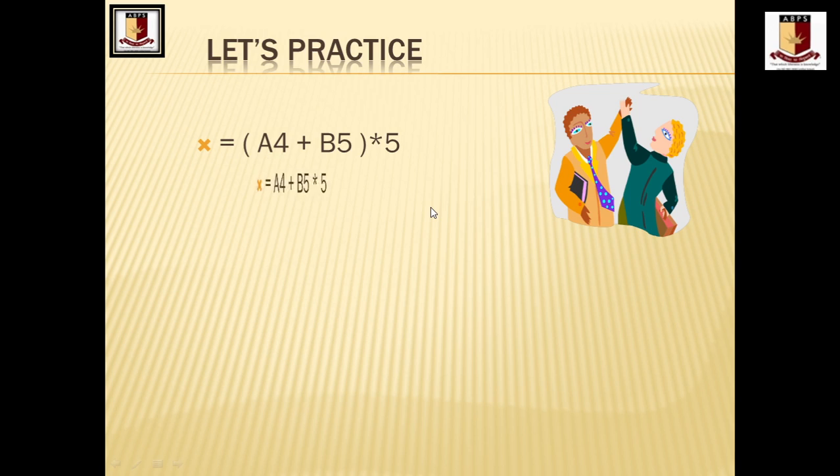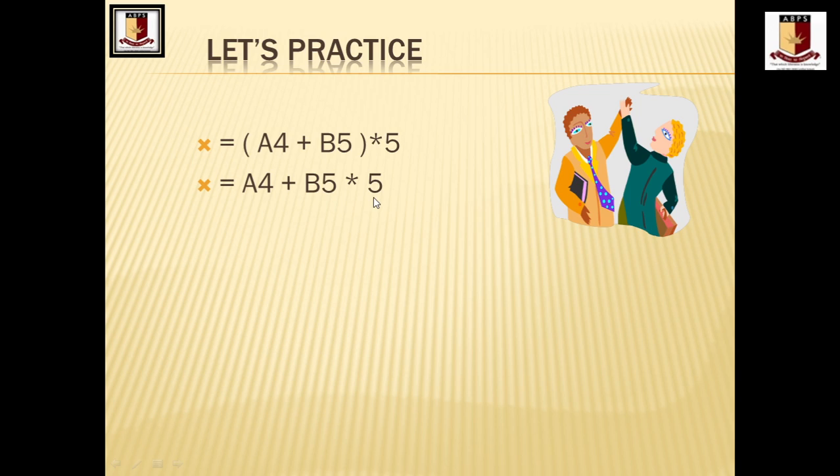Now next, just check. Here two different operators are there. One is plus and one is multiplication. According to that rule, first what we have to evaluate, the order of evaluation, was multiplication. So suppose A4 is having 5 and B5 is having 5. First this one will be evaluated, because multiplication order is higher compared to plus.